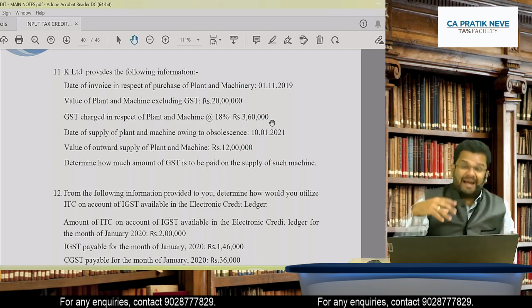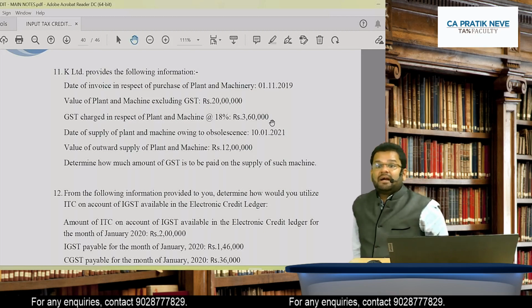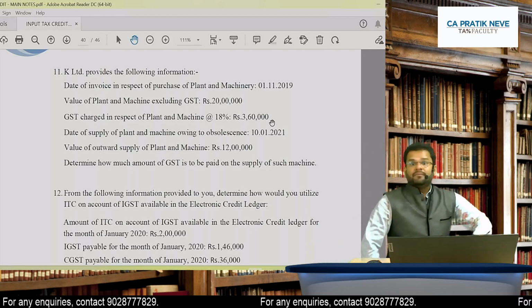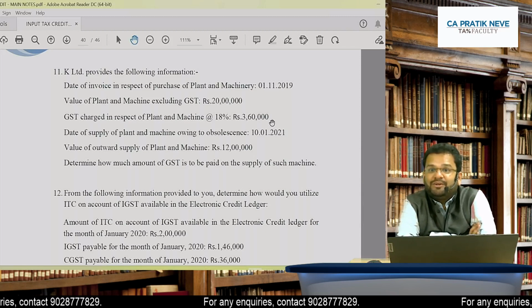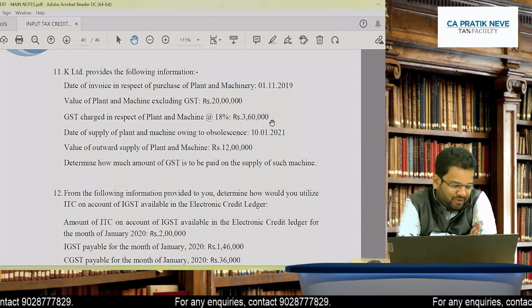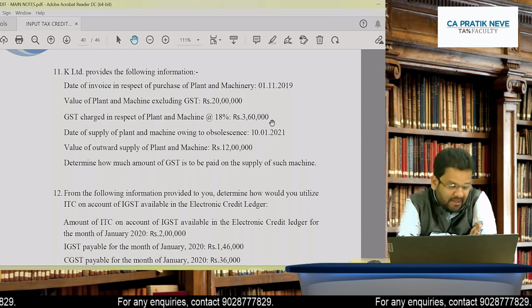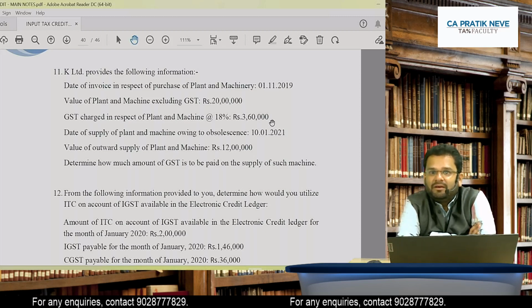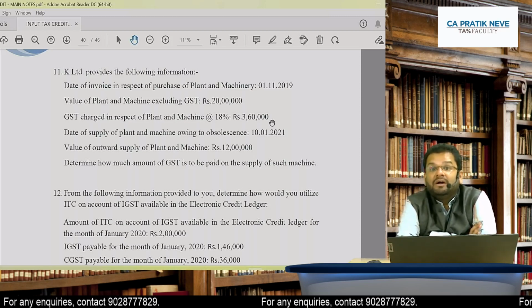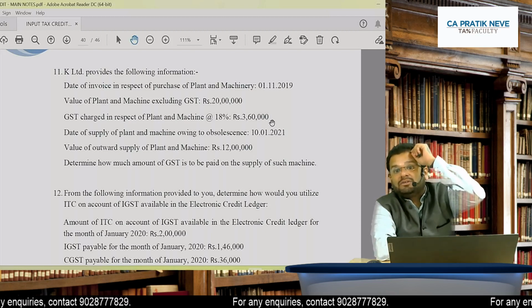If I have ITC balances, which ITC will I touch first? Yes, Astha, I understood that you know it. It is IGST. You will always first touch ITC of IGST.